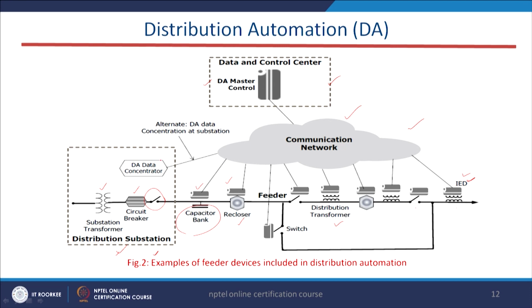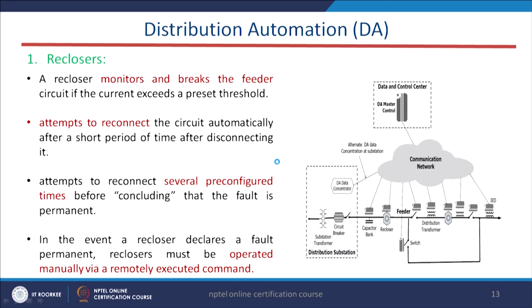And also we have another section here, the DA data concentrator, that is an alternate distribution automation data concentrator at the substation level. That also will speak to the master center through this communication network. Now, basically the recloser is one of the components of the smart grid system.